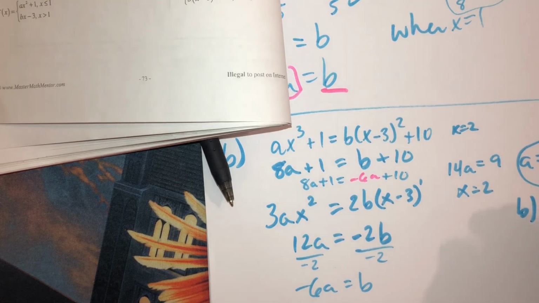That does not feel right. It feels like it should be a nicer number. And then negative 6a is equal to b, so that's negative 54 over 14.